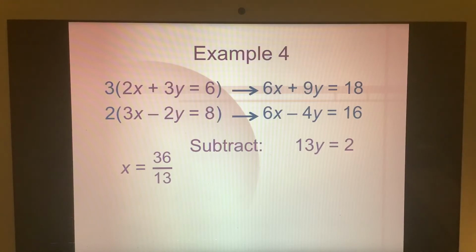So then 9y minus negative 4y gives me 13y. And then 18 minus 16 is 2, so now I can solve for y and get 2/13. So now my solution is 36 over 13, and then 2/13.